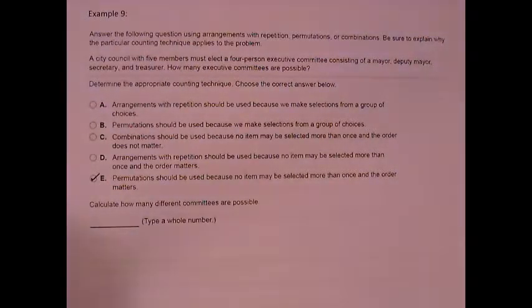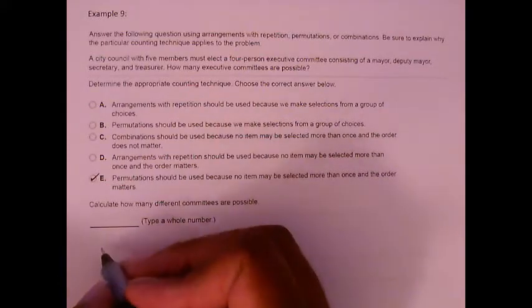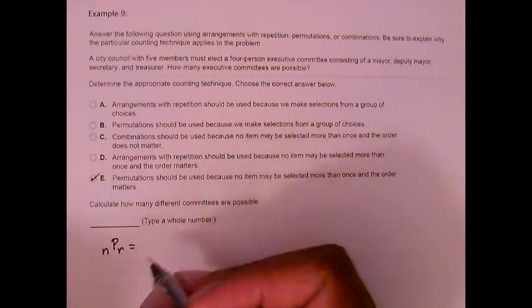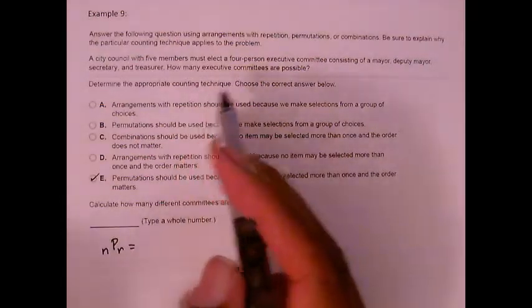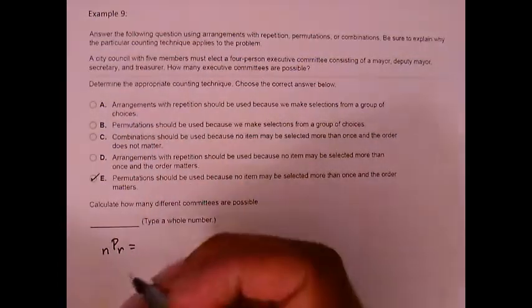Okay. So here we're going to calculate the number of different committees that are possible using nPr. Now your n is going to be, in this case, the number of members here. In this case, it's going to be 5.